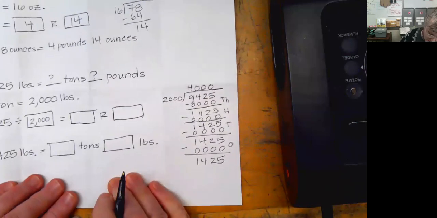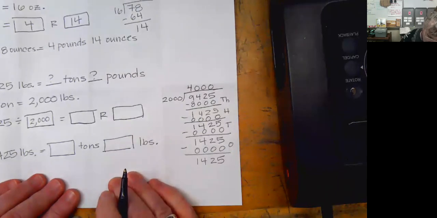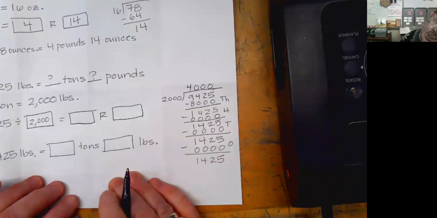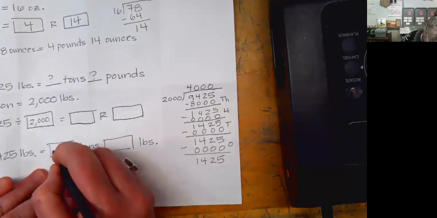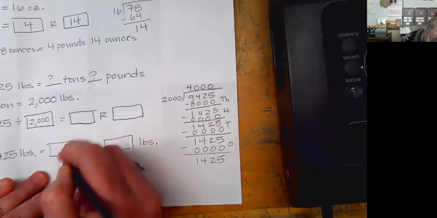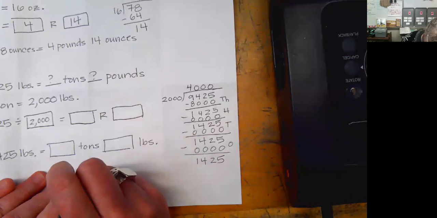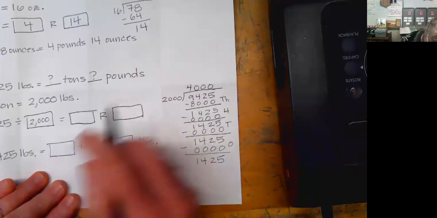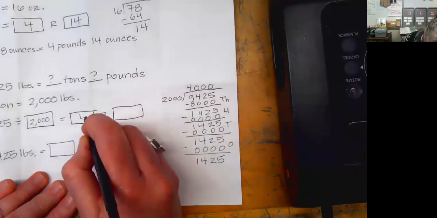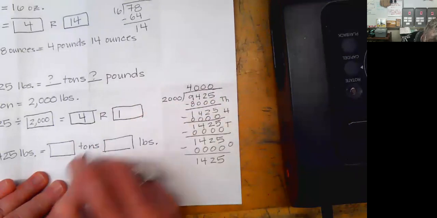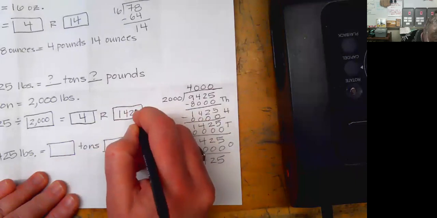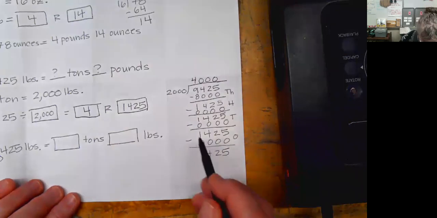So my answer is, I think we're really going to say it will go 4 times, and then my remainder is going to be 1,425, right? And they're asking us to do a check step, right?